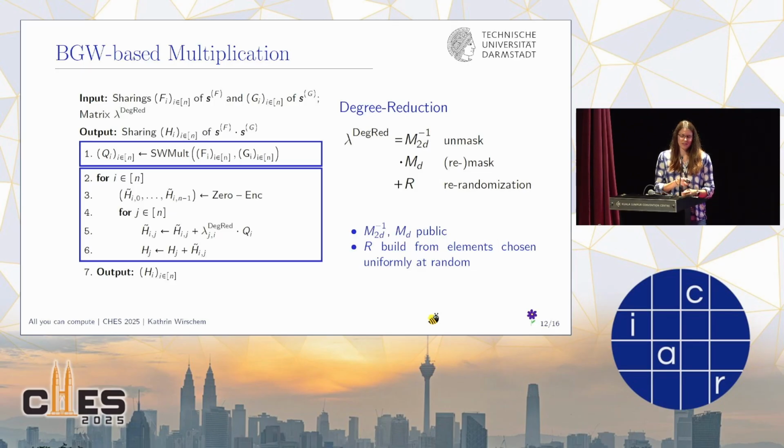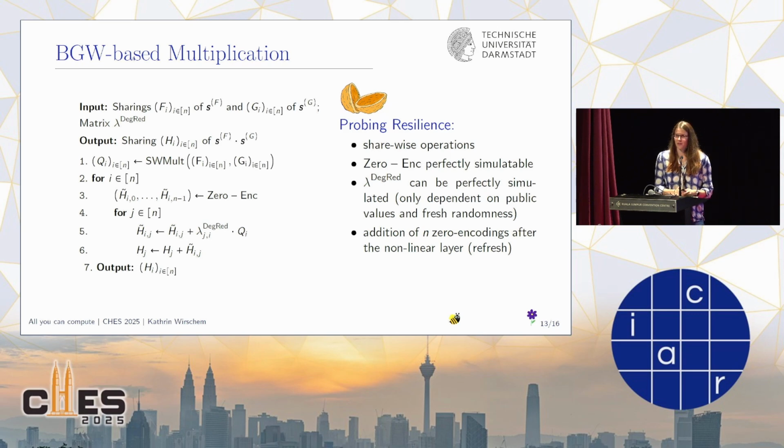So now let's consider a bit more about the security. In a nutshell, probing resilience comes due to the following. First, we have sharewise operations, so we can use everything we know about the underlying polynomials. Then we have that the 0 encoding is perfectly simulatable.